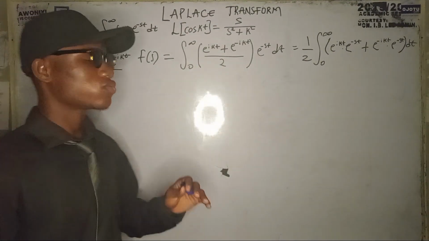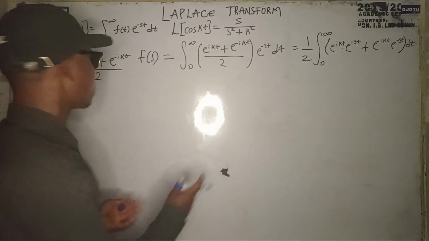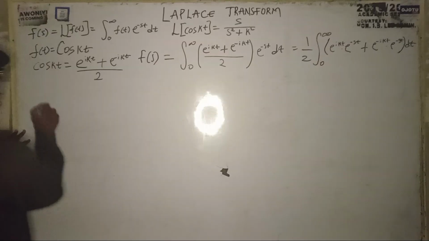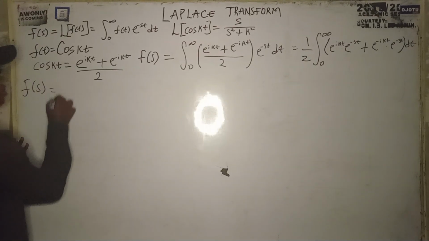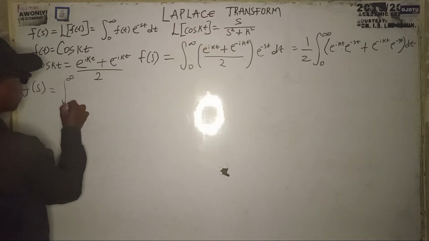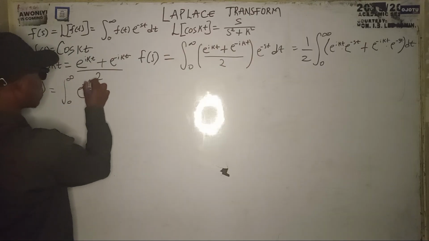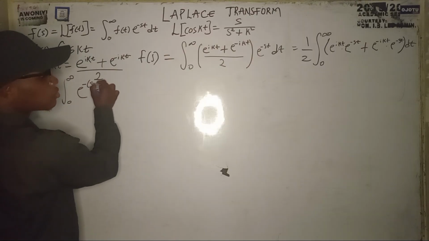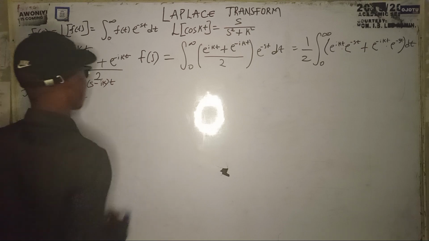So from here we just put it together using indices and integrate directly. So we have F of s is equal to the integral from infinity to 0, where we have e raised power minus into bracket s minus ik, and we put our t outside.